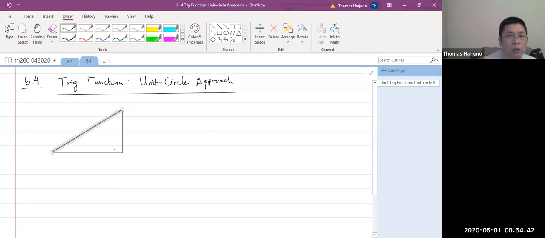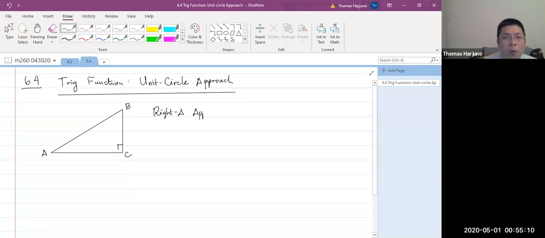And you see that we can apply so many things from this right triangle. We can compute the values, we can have application, we can have simplifying expression like what we did earlier. But this right triangle approach has a weakness.